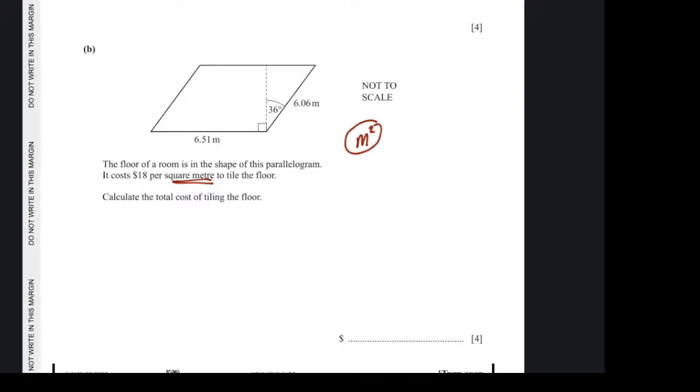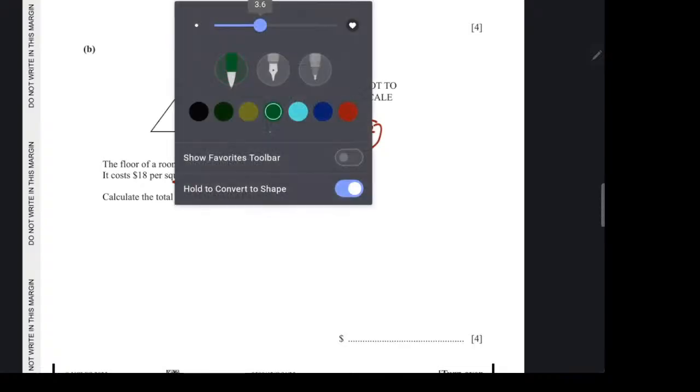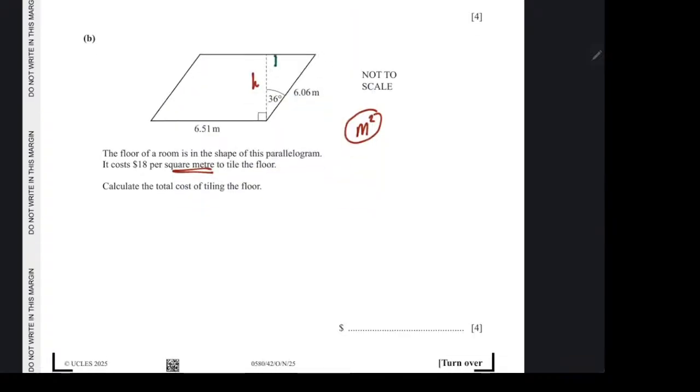But where it's hard is they did not give you the height. They expect you to use SOHCAHTOA, because you have a right angled triangle here. You know this. They want you to find height because they expect you to know that area of a parallelogram is base times height.